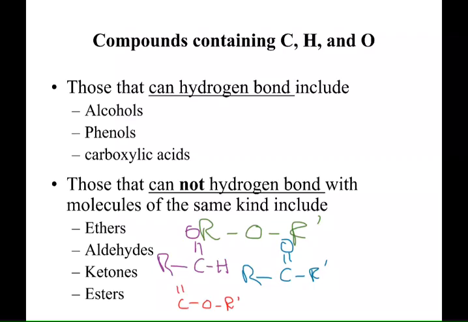That carbon is double bonded to an oxygen, and we have R over here. They look complicated, don't they? So that's your esters. But do you see where it's like a carboxylic acid, but instead of R prime being an H, it's an R? Can you see where these don't hydrogen bond with themselves because there's no OH?